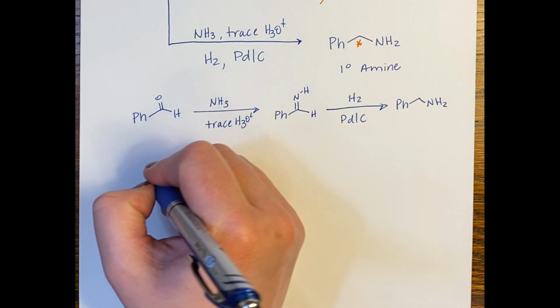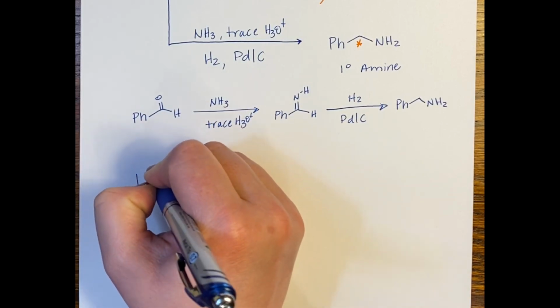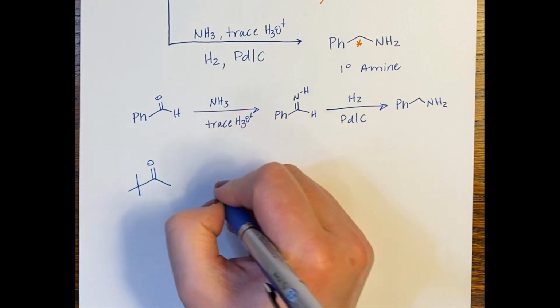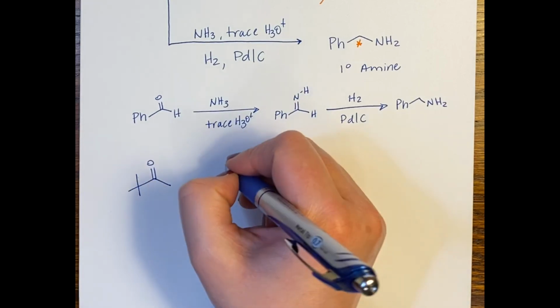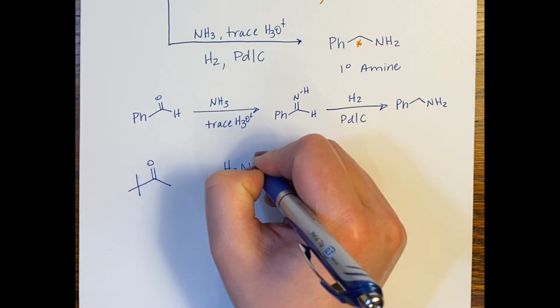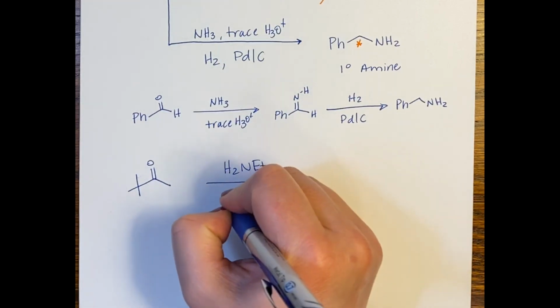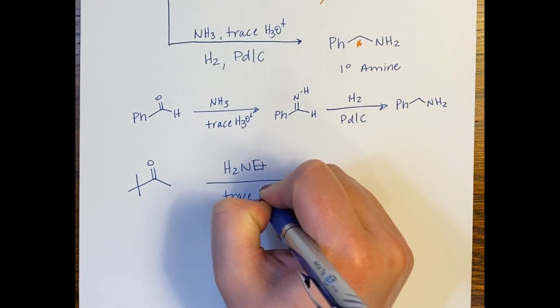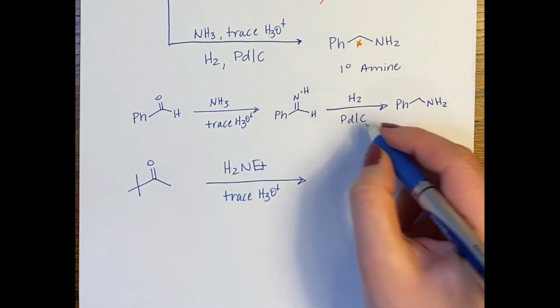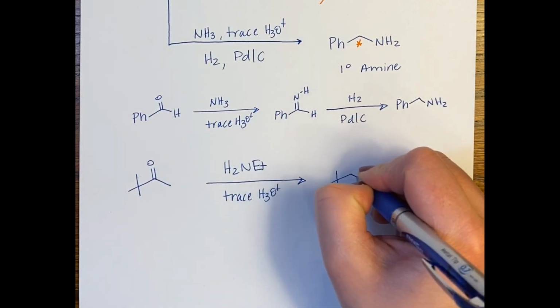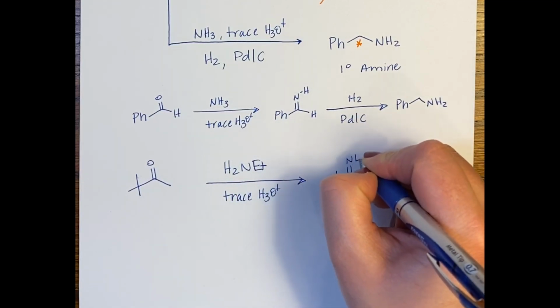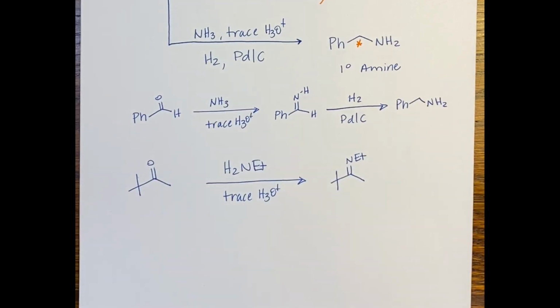I could also take a ketone like this one and treat this ketone with a primary amine like this one in the presence of trace H3O+ and make an imine. This is a stable imine. This is one that I can isolate.